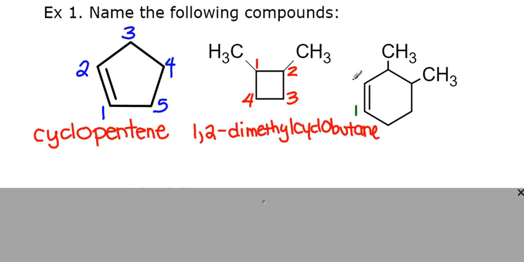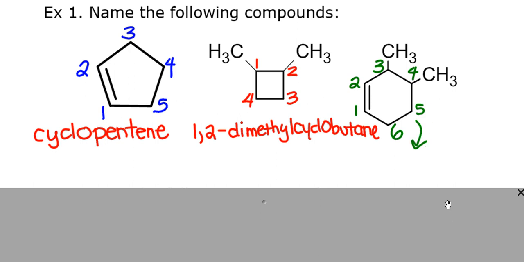So I would number 1, 2, and then continue around like this. That way my double bond is between 1 and 2, and then my branches are at 3 and 4. If I had gone counterclockwise, I would end up with my branches at 5 and 6, which would have been too high.